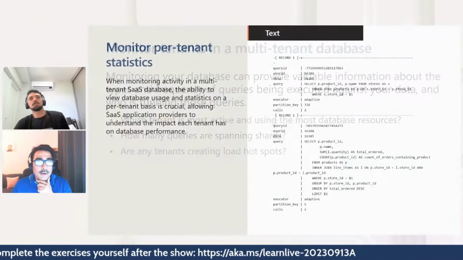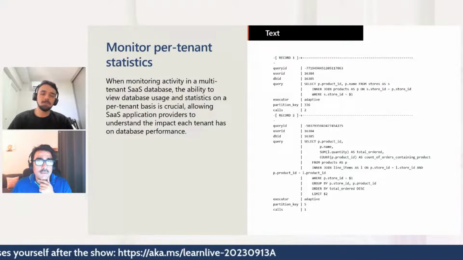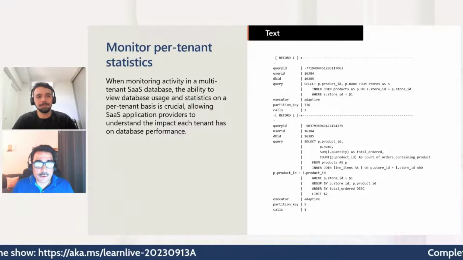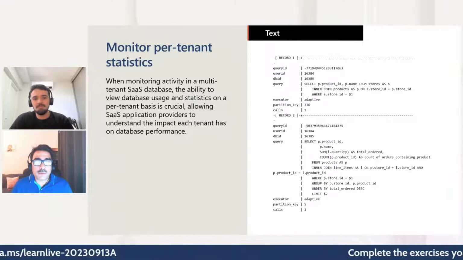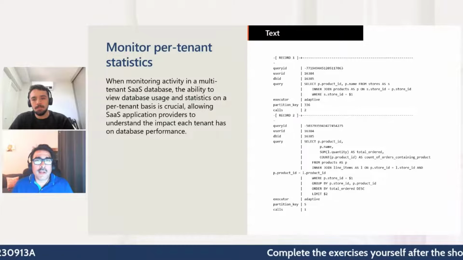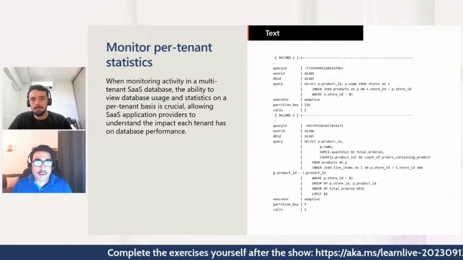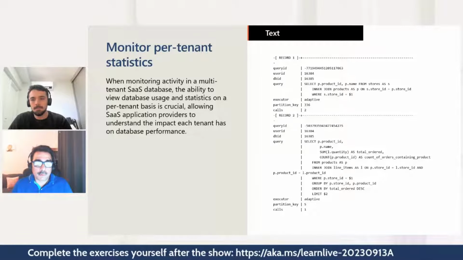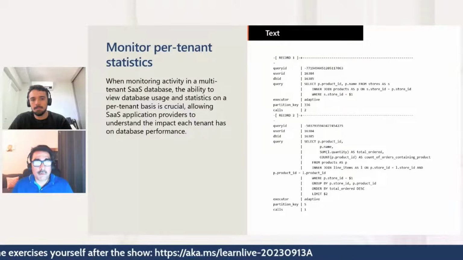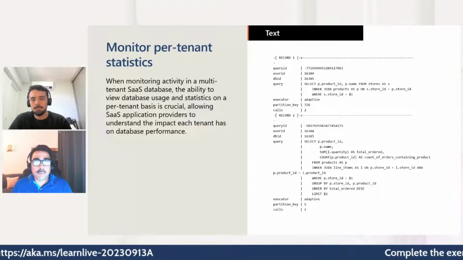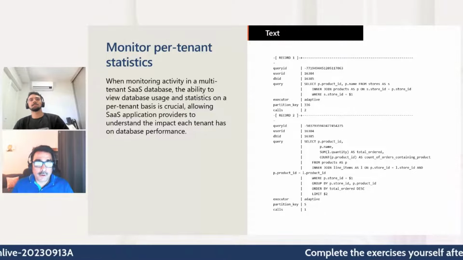Some of the key things we're going to look into are which shards are really active or very noisy, so to say. In PostgreSQL terminology, when we say noisy, I mean which shards are being queried the most.